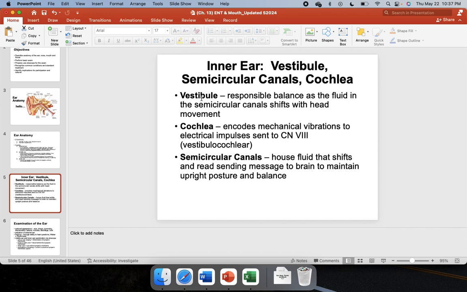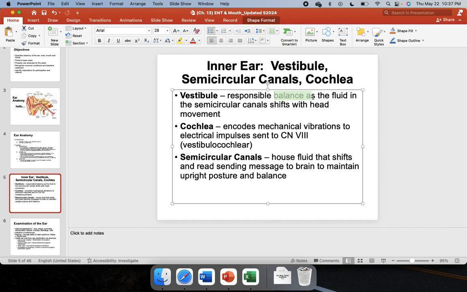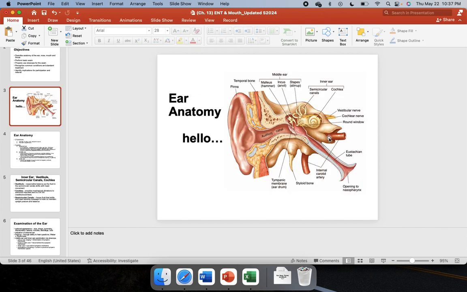So the vestibule is responsible for balance as the fluid in the semicircular canal shifts with head movement. As our head moves, you'll notice that these canals are oriented into 3 different planes and 3 different directions, right? So transverse, we have one more upright, and then we have this one. So as we move, we have little tiny hairs inside of each of these, and the fluid passes over those.